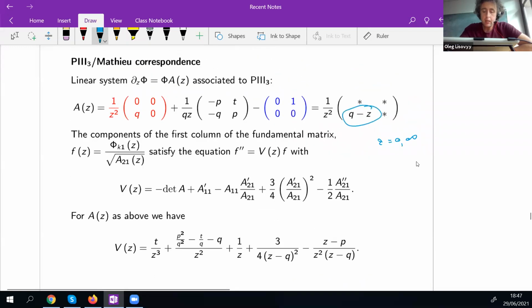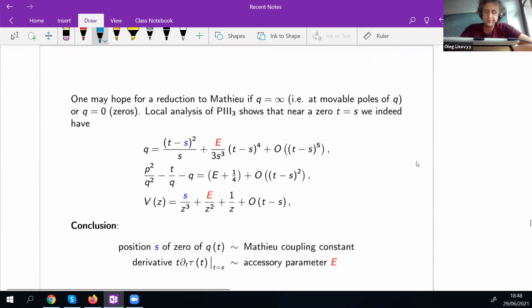You see that we have this spurious pole, which appears because we have to differentiate the logarithm of this element. Now if we somehow want to convert our Schrödinger equation into the Mathieu equation, then we have to fuse this apparent singularity at Q with one of the irregular singular points. So we would like to send Q either to 0 or to infinity. In other words, we are interested in zeros and poles of this Painlevé function Q of t.